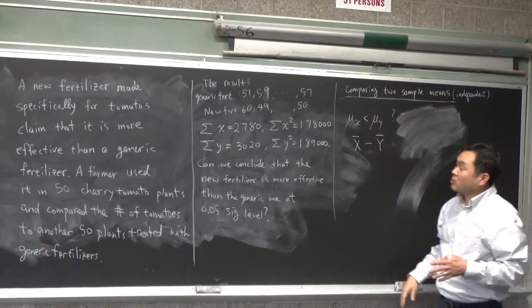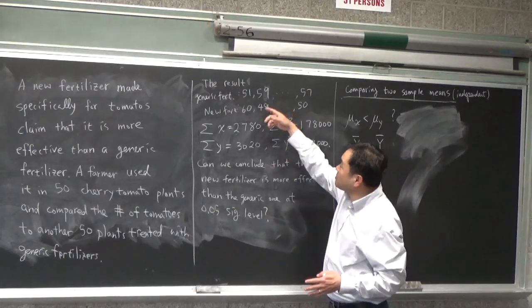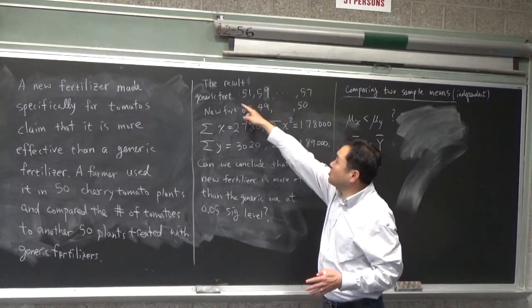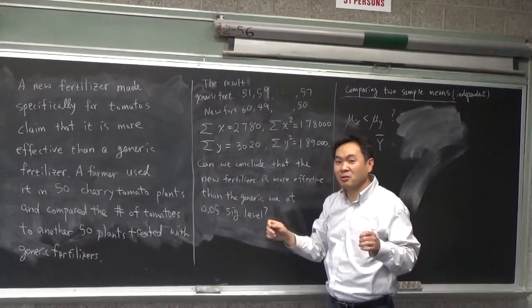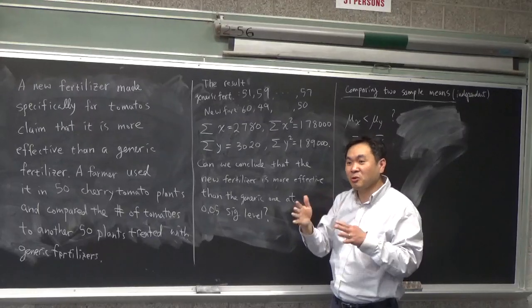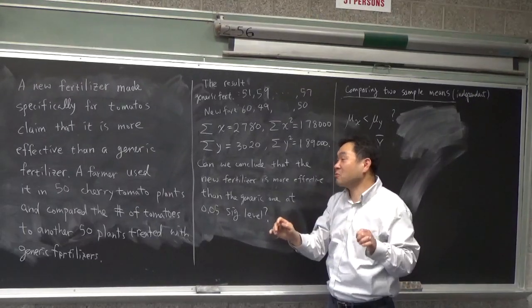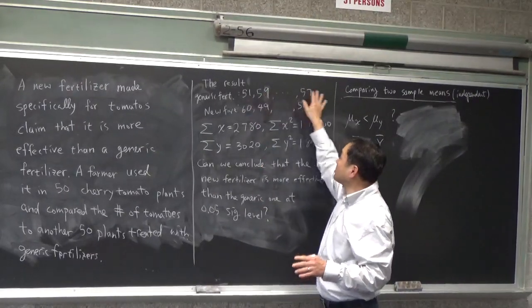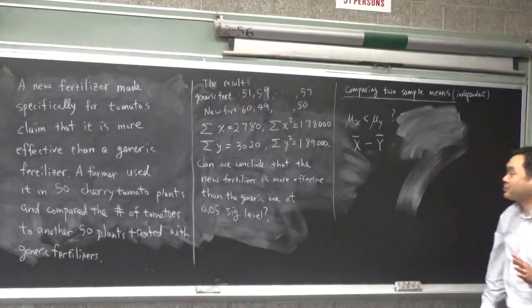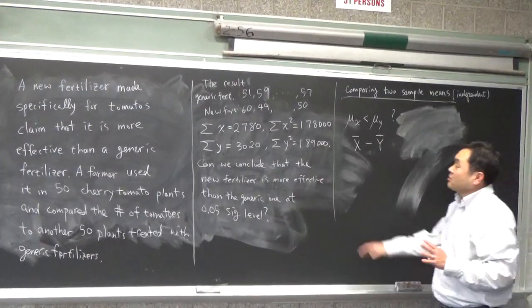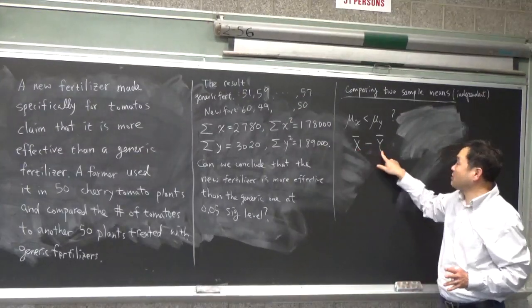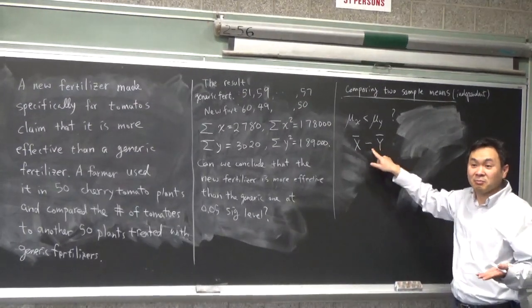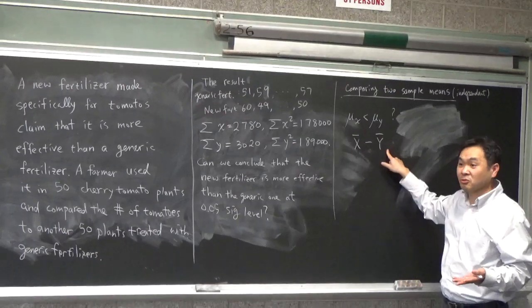This is about the number of tomatoes, so I think that should be about a bell curve. It might be skewed towards one side, but it should be something like a bell curve. If you take samples, these will be even closer to a normal distribution, right?